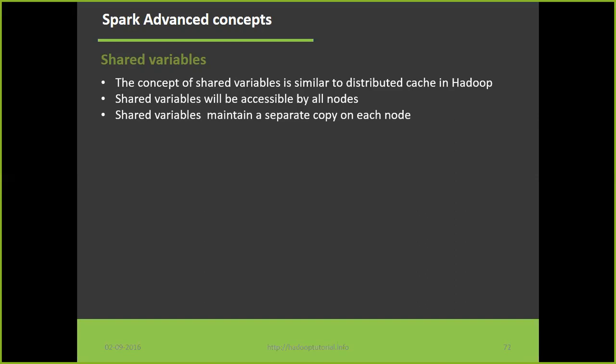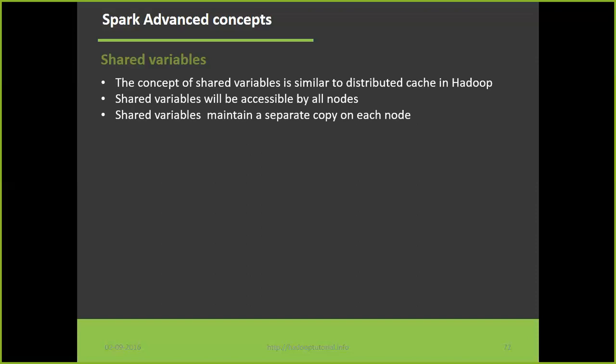The concept of shared variables is similar to distributed cache in Hadoop. Once you share a variable, it gets copied onto all the worker nodes. Shared variables will be accessible by all nodes, meaning each one of them will get a copy of it. Shared variables maintain a separate copy on each node.